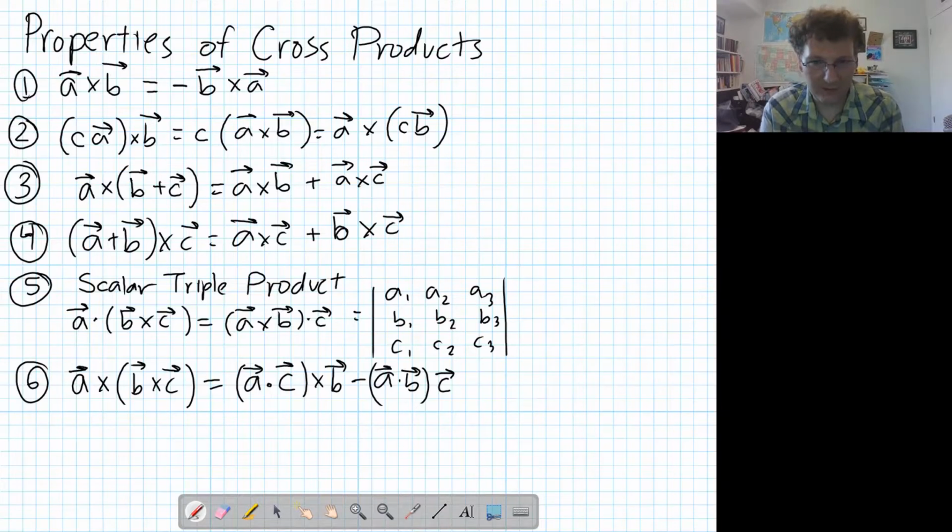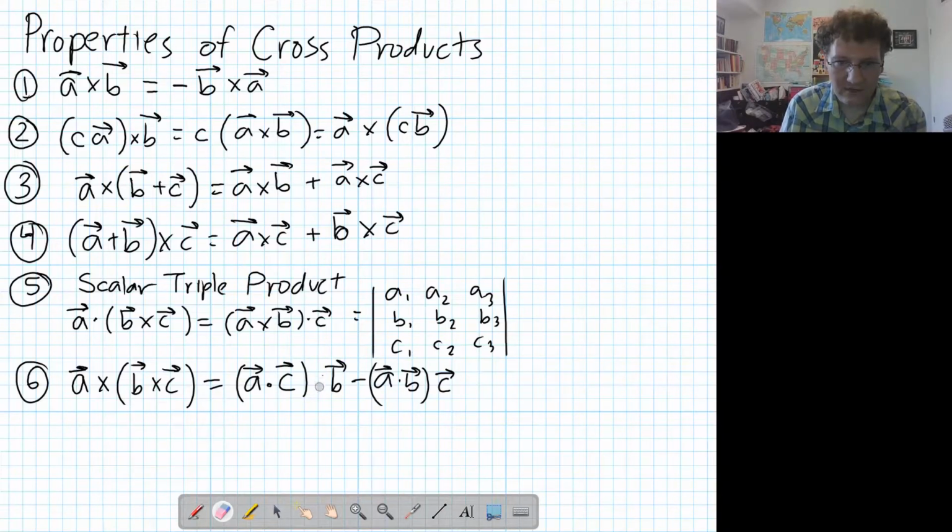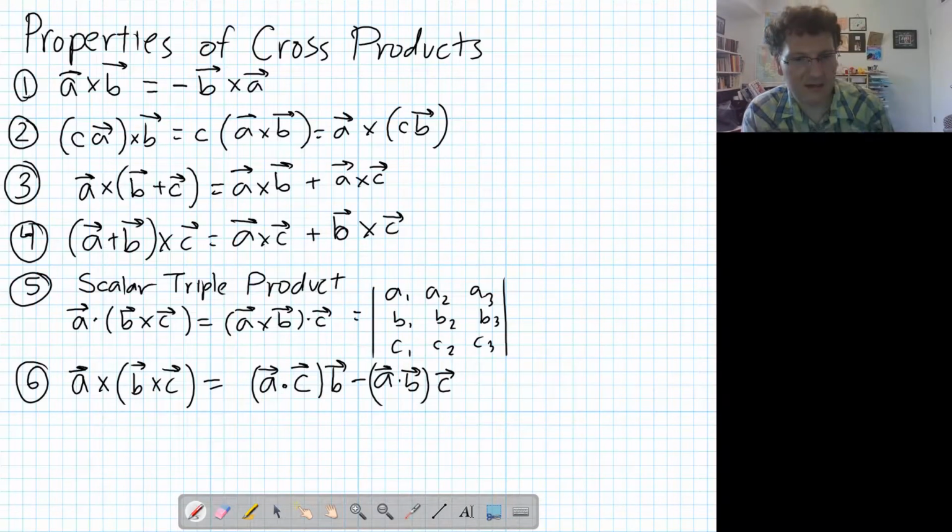A cross (B cross C) is A dot C scalar product with B minus A dot B scalar product with C.